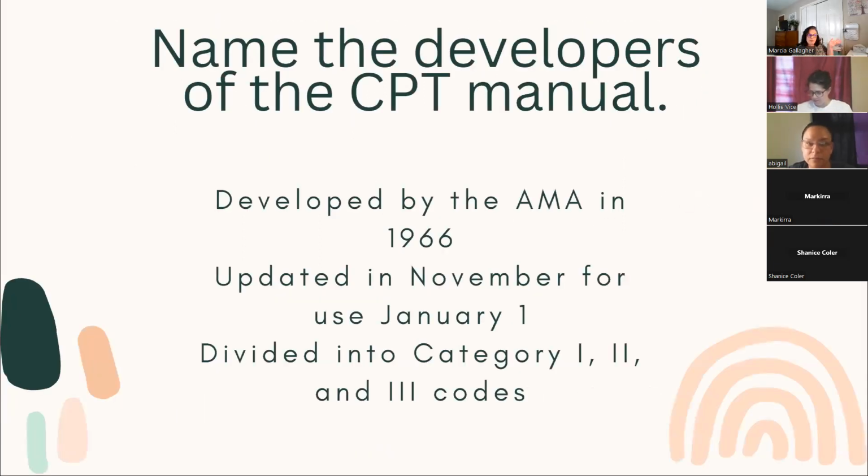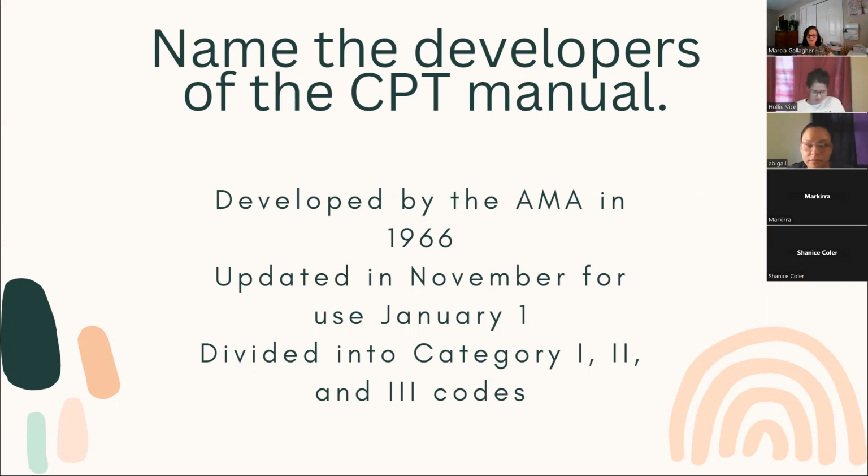So, do you guys remember who developed the ICD-10? Who? That's right. Well, the CPT manual was developed by the AMA in 1966. This is important. It is updated every November to be ready to be put out and used on January the 1st.